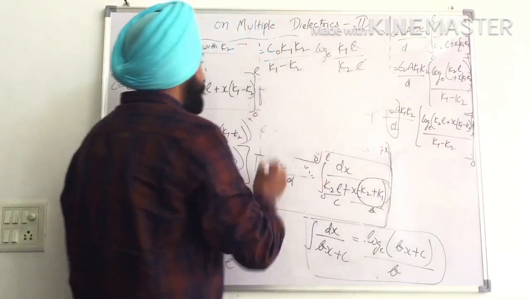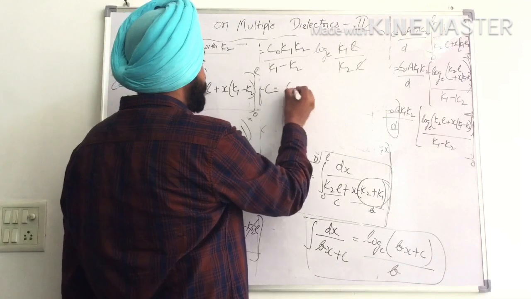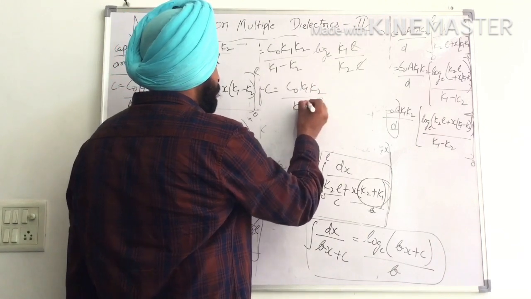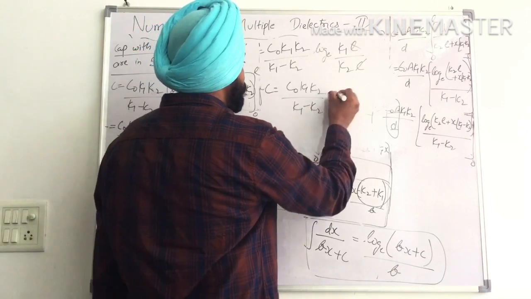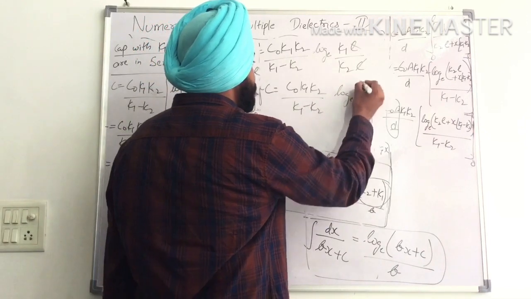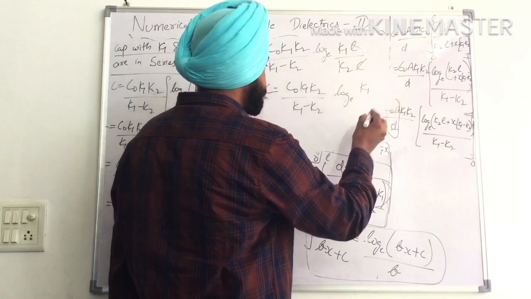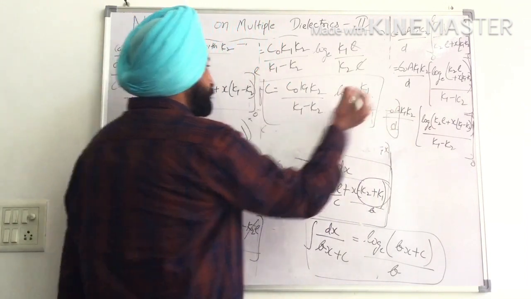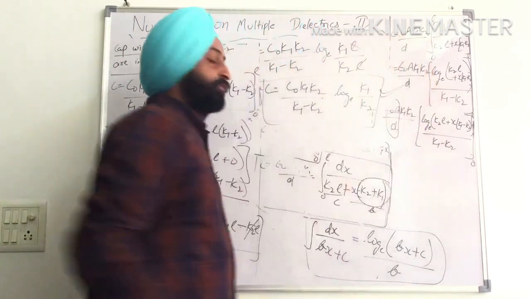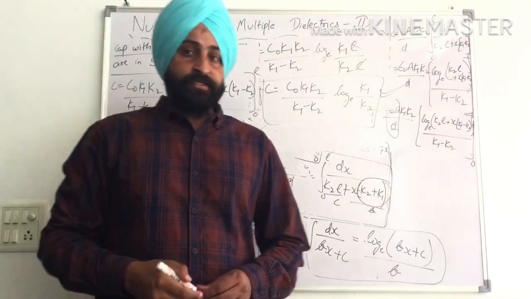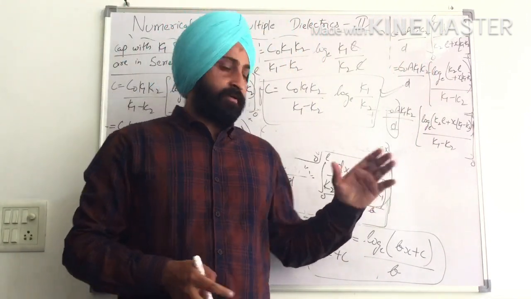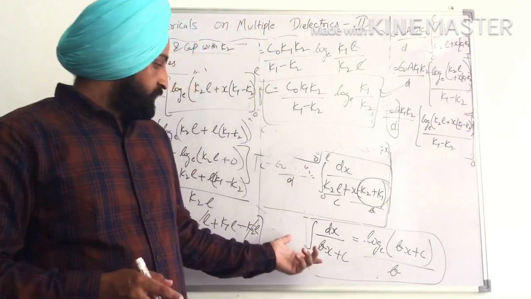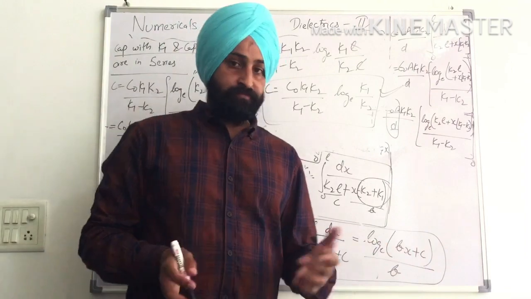Here again L and L will get cancelled, so our final capacitance would be equal to C naught K1 K2 by K1 minus K2, log base e of K1 by K2. So this is our final answer to the given question. See, this question is a bit lengthy, but by using this formula even the integration is simple.